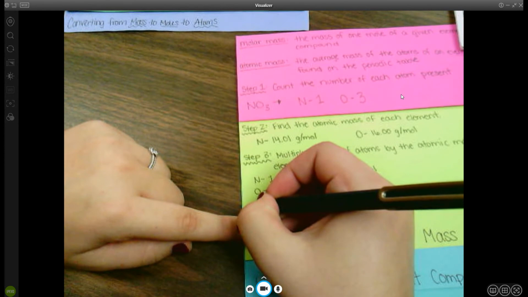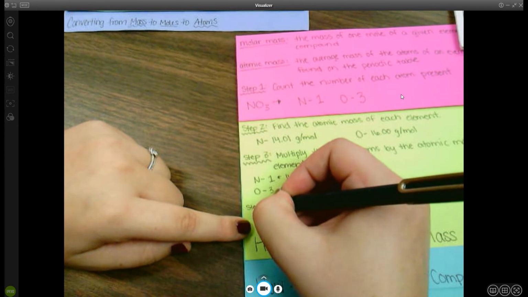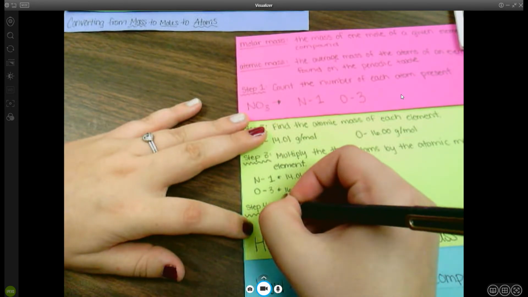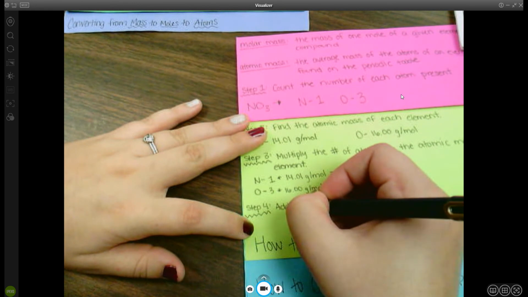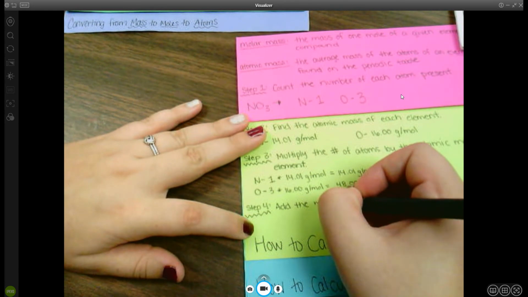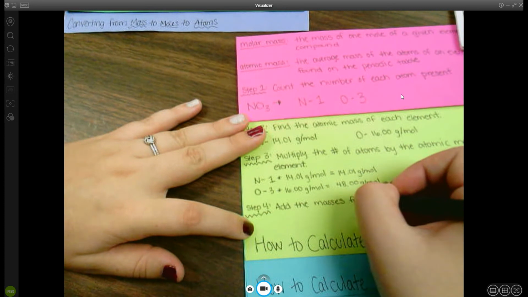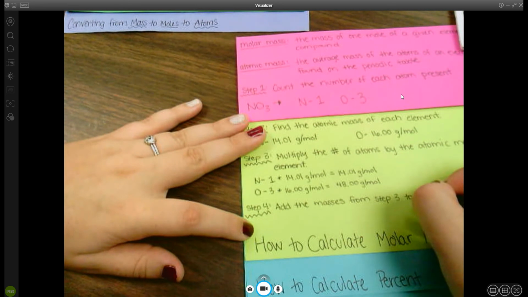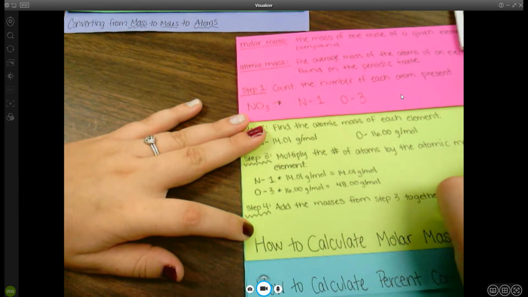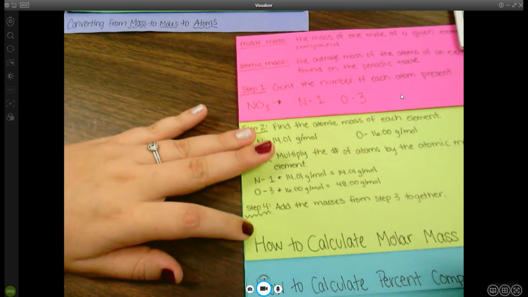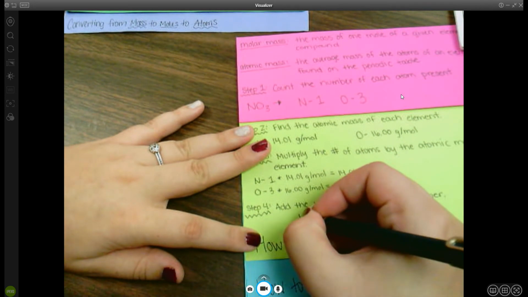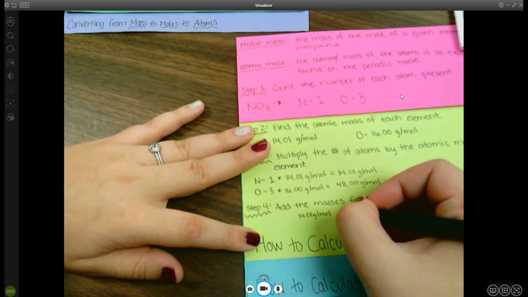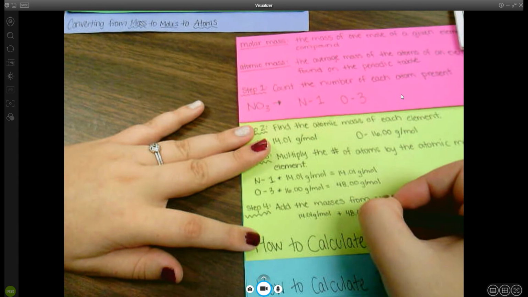Okay, so now that I've done that, moving on to step 4. Step 4 is where some addition is used. Okay, so step 4 is to add the masses from step 3 together. Okay, so we have, I'll write this out here, 14.01 grams per mole plus 48.00 grams per mole.